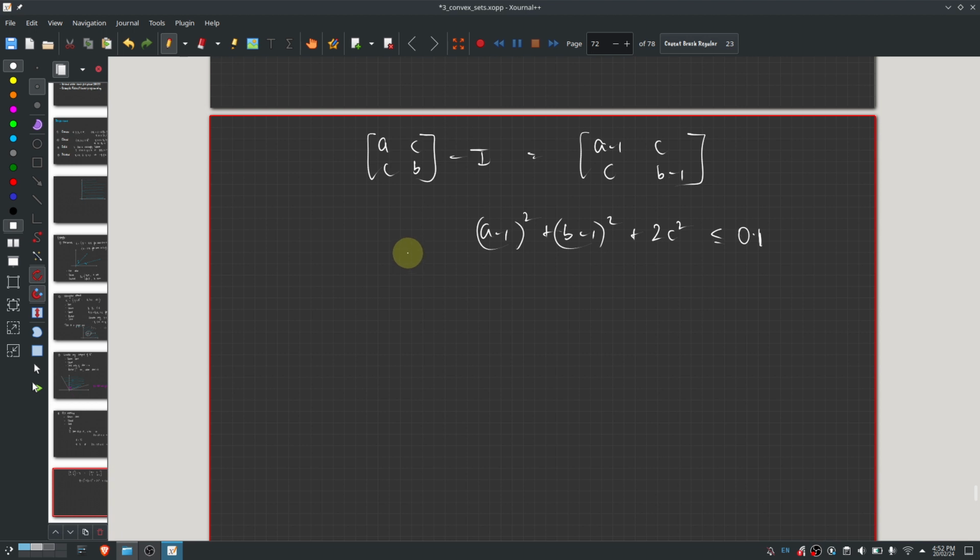Or let me pose it a little differently. Is it possible to come up with a general condition on 2 by 2 symmetric matrices such that this is positive semi-definite? Take the characteristic equation of the matrix.